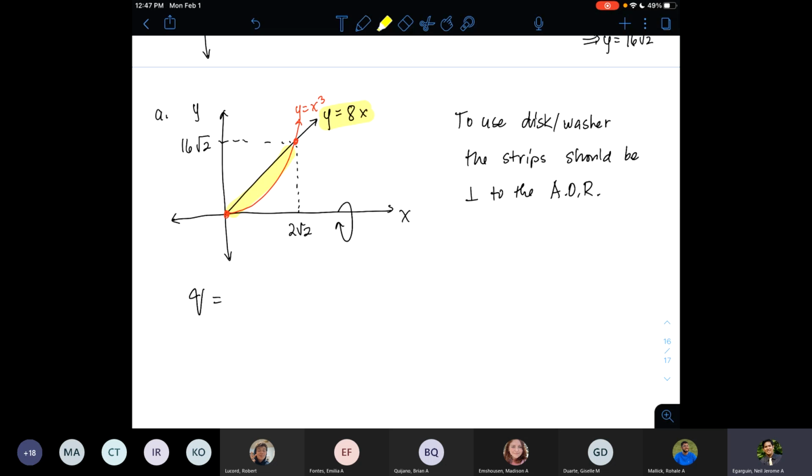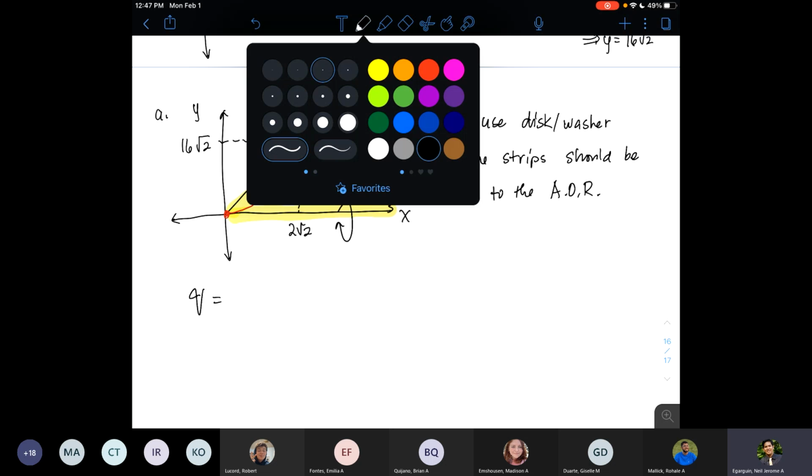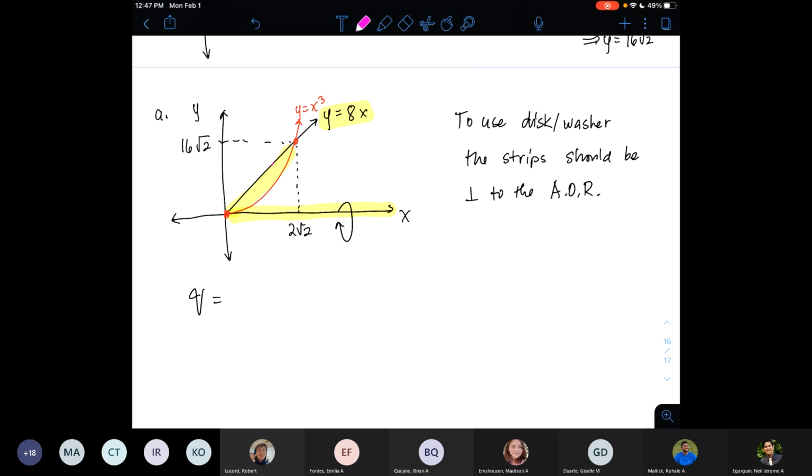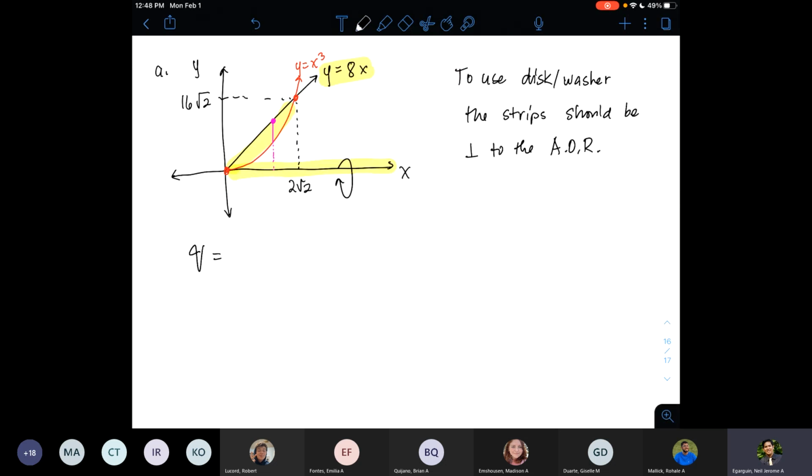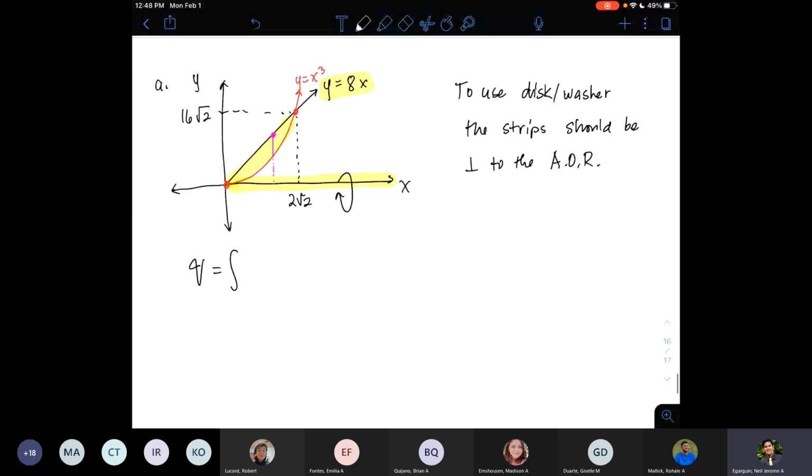The AOR is the x-axis, which is horizontal. That tells us that we need to use vertical strips, like this one. Since we are using vertical strips, we know that vertical strips are always associated with the variable x.